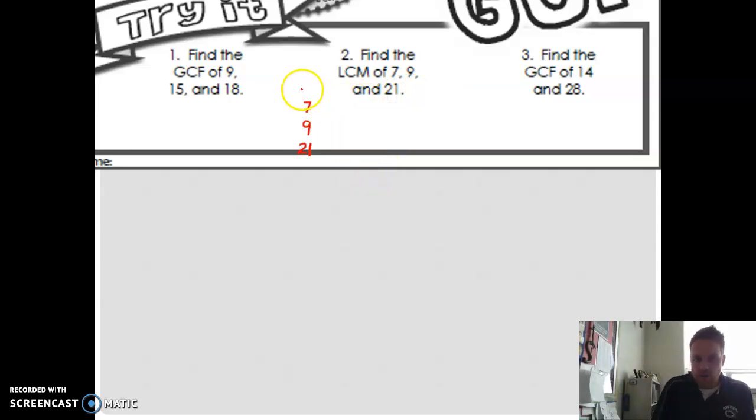So if you start out through here and take these each times 1, each of these times 2, times 3, times 4, times 5, right? If you take them each times those numbers, you're going to start filling this in. Here's your multiples of 7, here's your multiples of 9, here's your multiples of 21. Somewhere you're going to get a match.